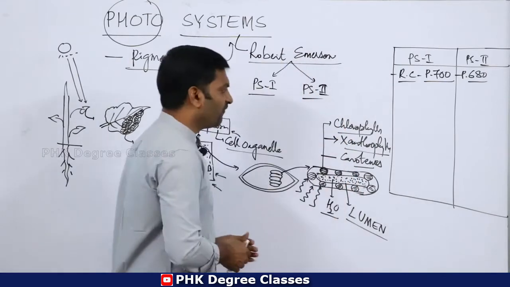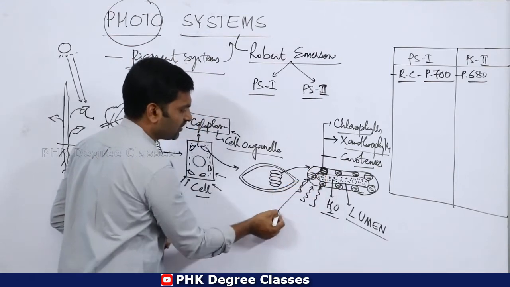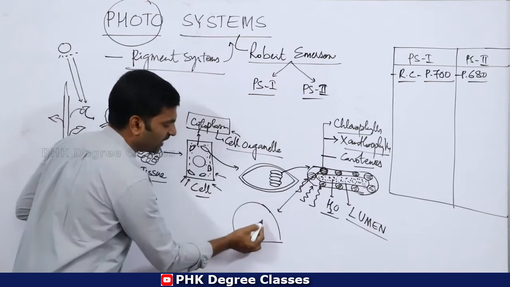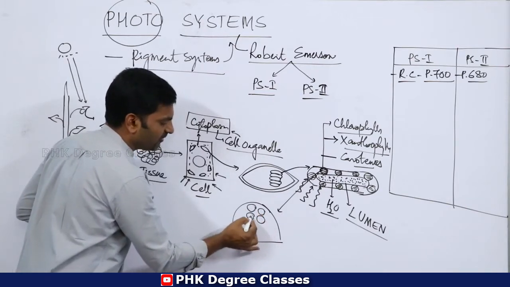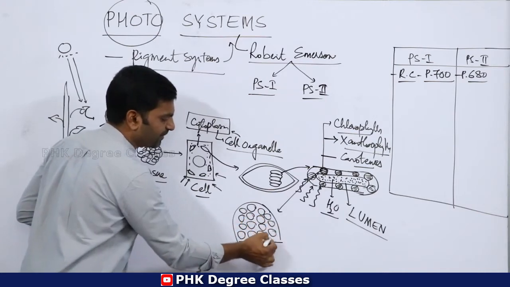For example, this is what? Photosystem. Okay. Now I isolate this photosystem. This is a photosystem. It is composed of different kinds of pigments. These are all the pigments.